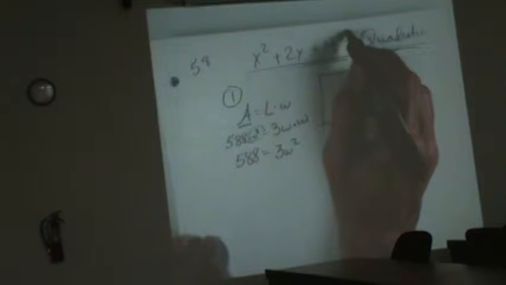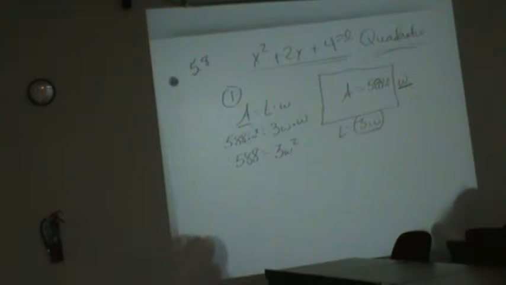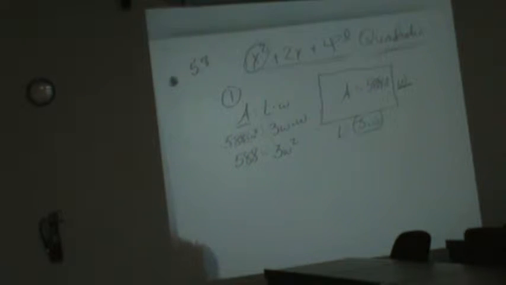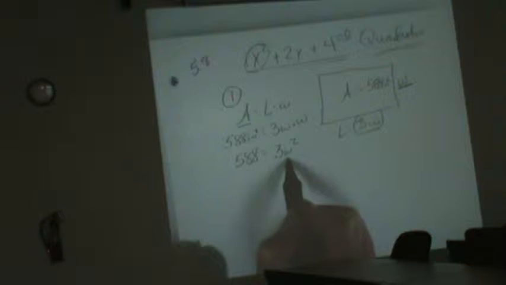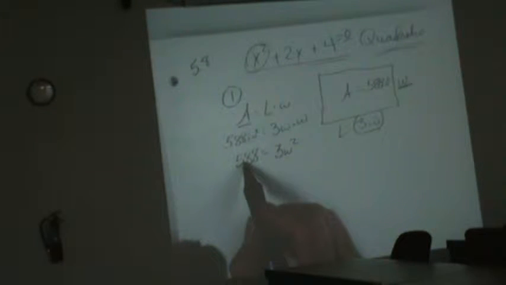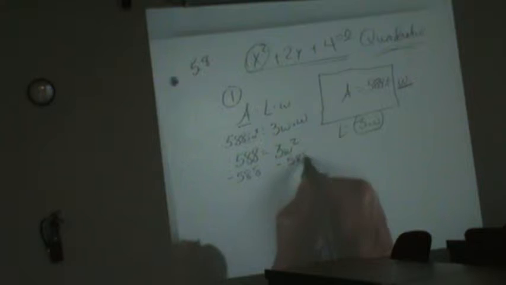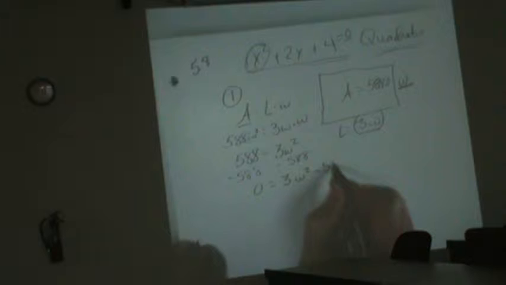I'm going to stop writing inches squared every time now. It's still not quite there. When we solve quadratic equations, remember how we set them equal to 0? We want the w squared on one side and 0 on the other side. So subtract 588 from both sides. You have 0 equals 3w squared minus 588.